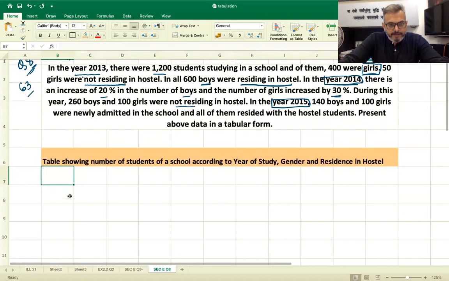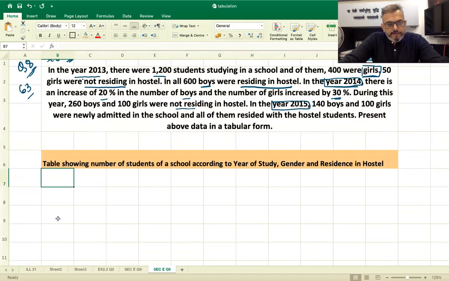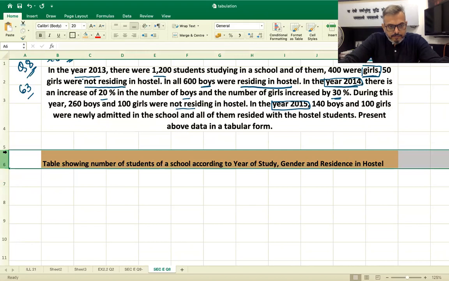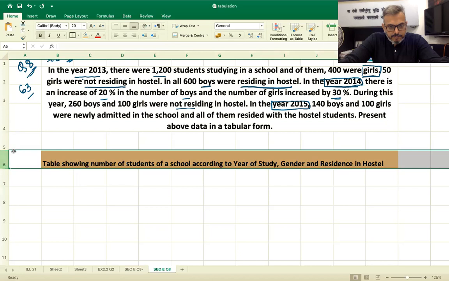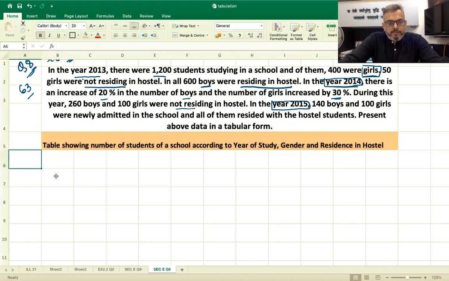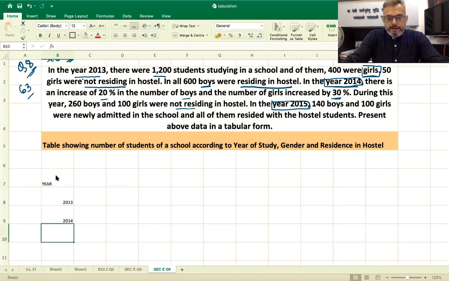Okay, now let's make the table. Now table will be, we will have year, here we have 2013, 2014 and 2015. Don't need to do the total. Okay, be careful.